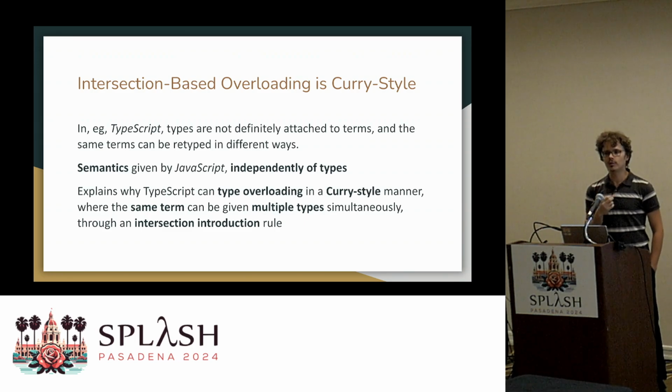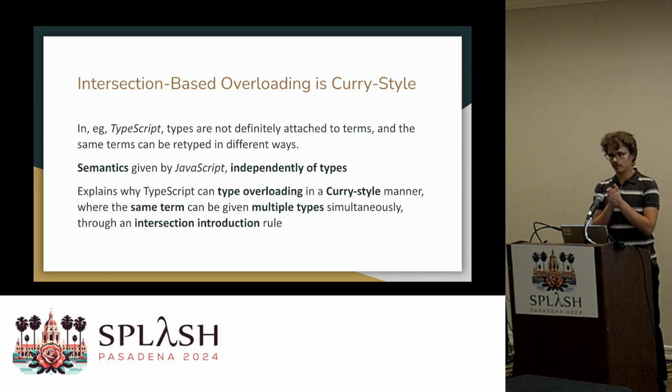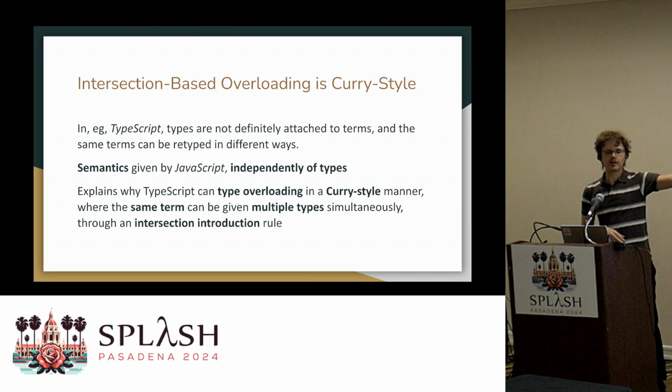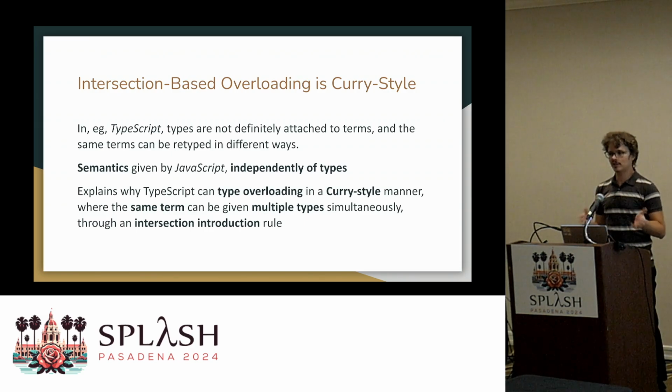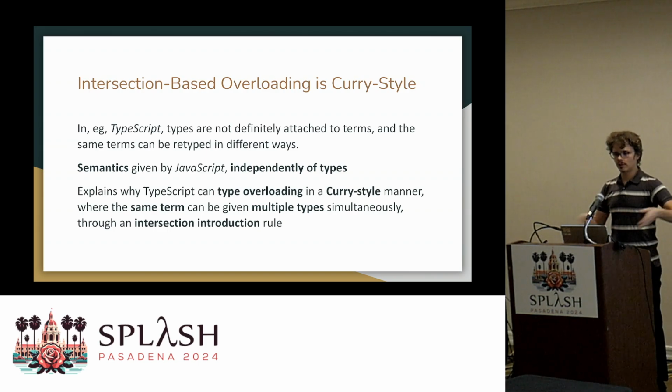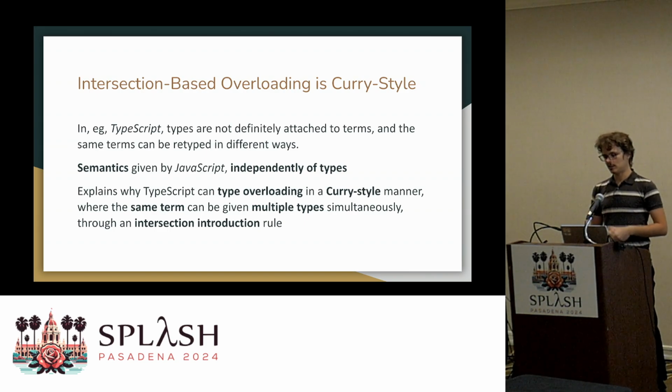It asks you to not have any internal type, but to consider that the term can have many different unrelated types at the same time. Okay, and this fits particularly well for TypeScript, right? Because TypeScript is just JavaScript with types given externally, but actually the semantics is given by JavaScript itself. You can just erase the types immediately, and the types don't participate in the semantics at all.